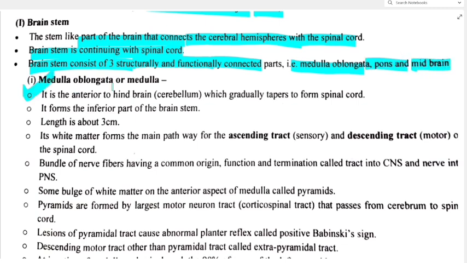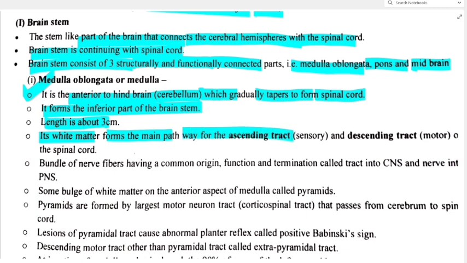First is medulla oblongata or medulla. It is anterior to hindbrain or cerebellum, and gradually tapers to form spinal cord. It forms the inferior part of the brainstem and length is about 3 cm. Its white matter forms the main pathway for the ascending tract, sensory, and descending tract, motor, of the spinal cord.